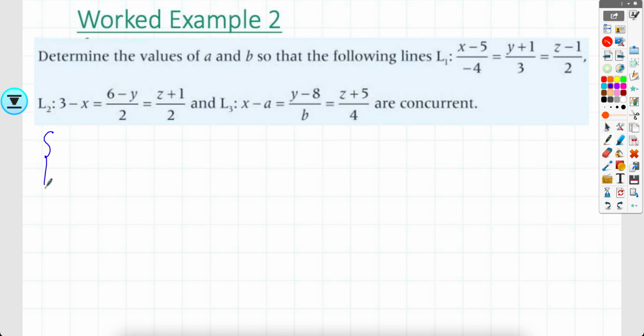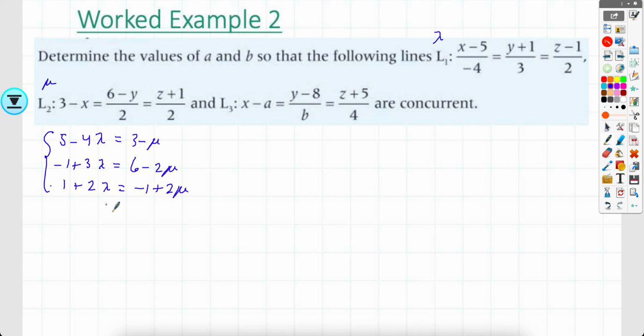So we get to a 5 minus 4 lambda. The lambda is for L1 and the mu is for L2, just because I'm skipping some of the steps. 3 minus mu, minus 1, 3 lambda, 6 minus 2 mu, and then 1, 2 lambda minus 1 plus 2 mu.